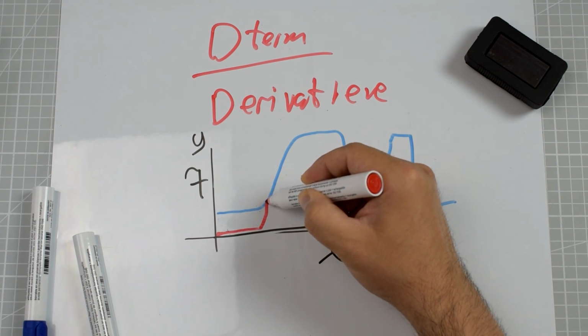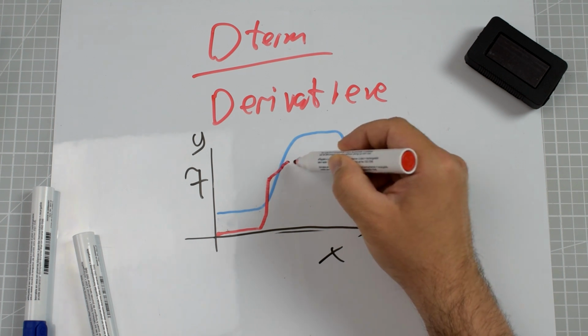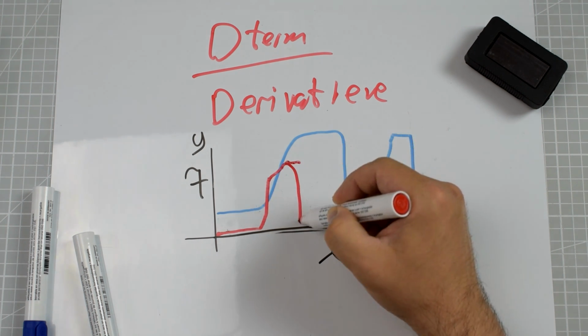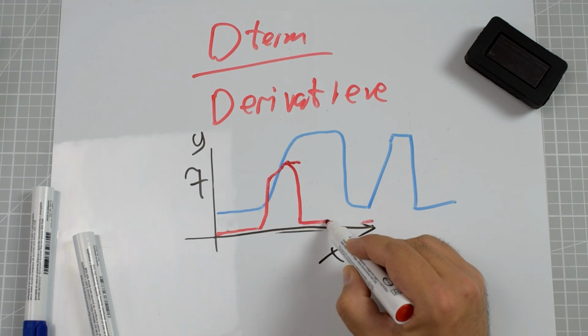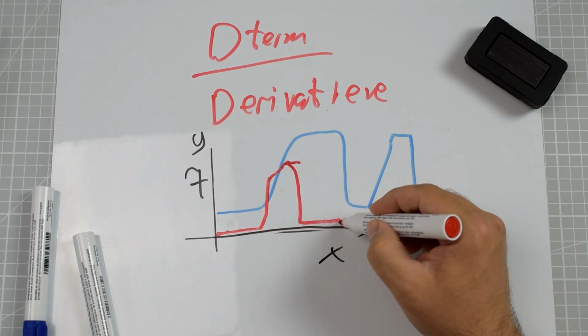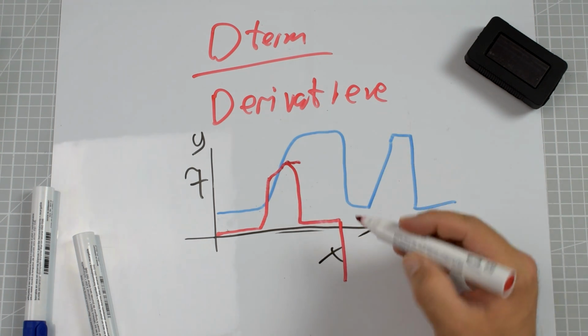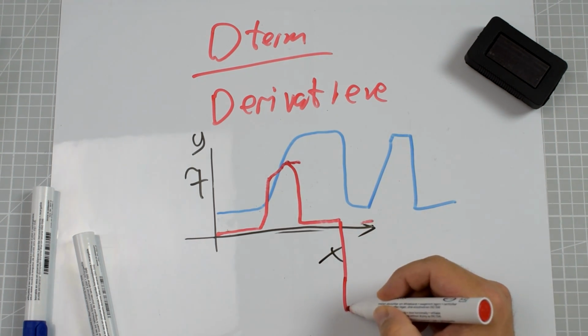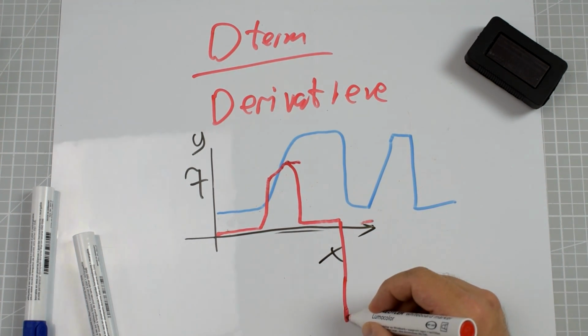Here it would start also accelerating. Here it would slow down, it would once again drop down to 0 because the signal is not changing in time. Here it would fall very rapidly because you see it's a very rapid fall to quite a low value over here.